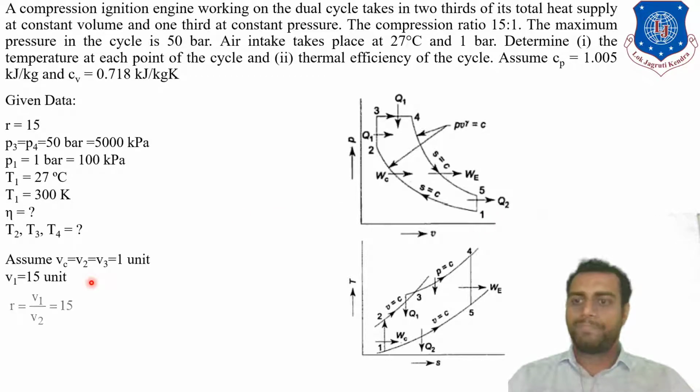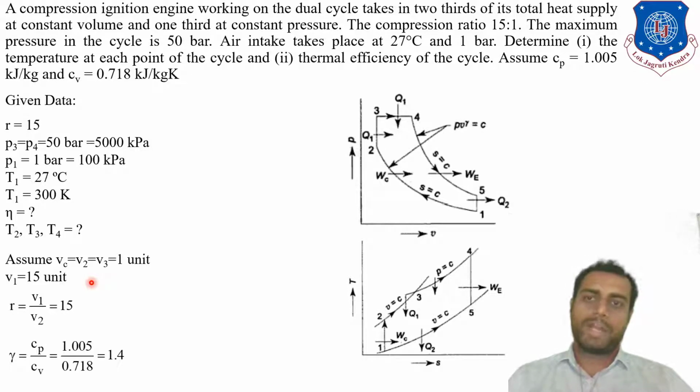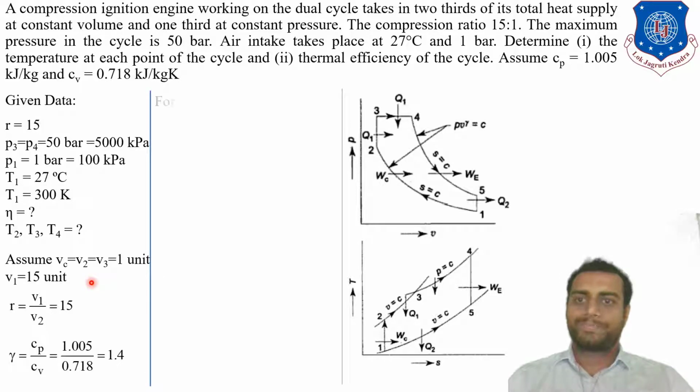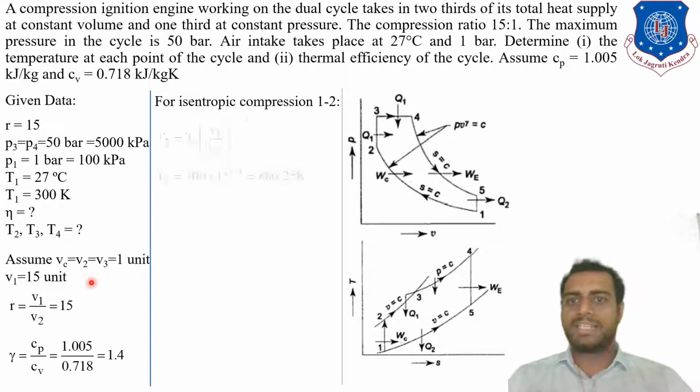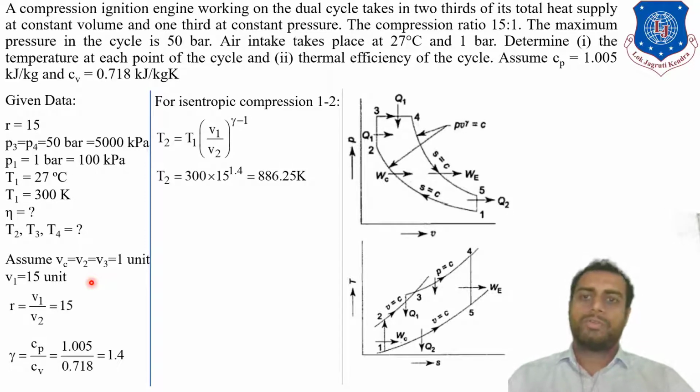So the compression ratio is 15, right? Now first of all we will find the value of gamma, the adiabatic index, that is nothing but the ratio of Cp and Cv. Cp and Cv values are given, so gamma will be 1.4. Further, for process 1 to 2, that is a reversible isentropic process, you can write the temperature ratio as T2 is equal to T1 into (V1 by V2) raised to gamma minus 1.